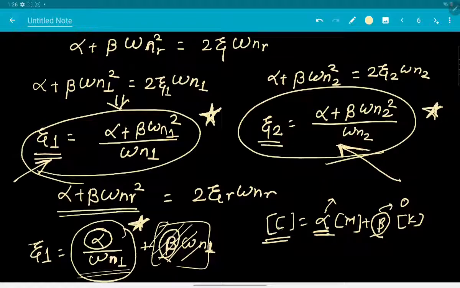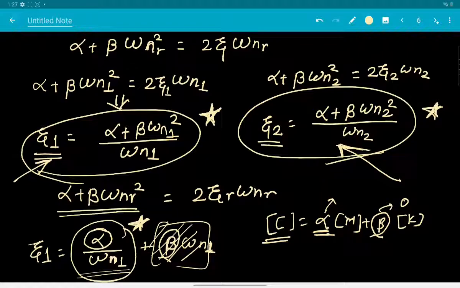So if you say that C is entirely written in terms of M and not in terms of K, this is obviously an extremity, since we normally have a weighted combination, but in that extremity the damping of the first mode shape comes out to be very small compared to the damping of the second mode shape. This generally doesn't happen for those forces which have smaller frequencies.